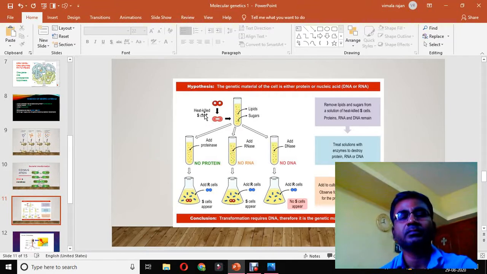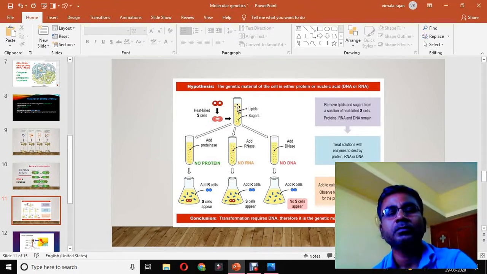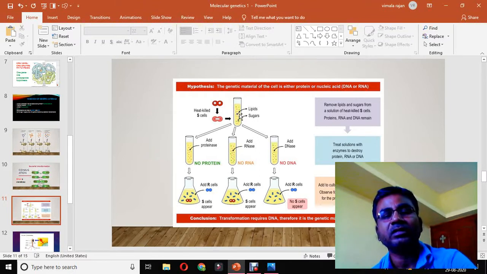It will become non-virulent. So in this test tube, what is there? The liquid contains the mixture of all the nutrients which are there in the bacteria. The heat killed bacteria is ground and the extract is extracted from this bacteria. So what are the components of the extract?